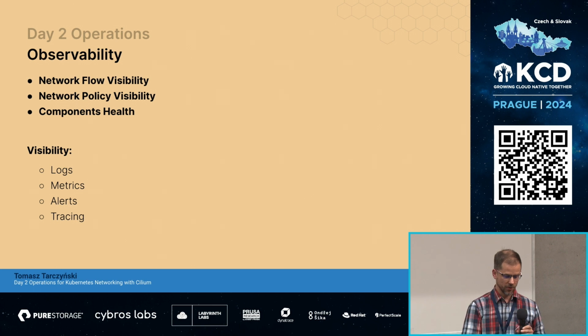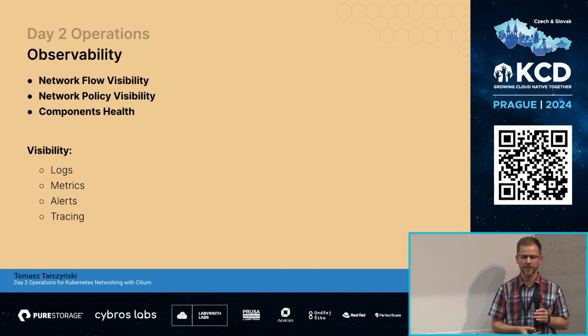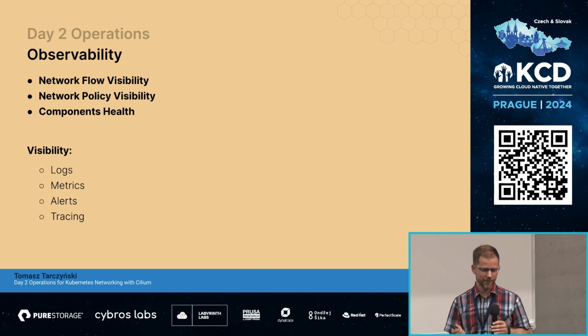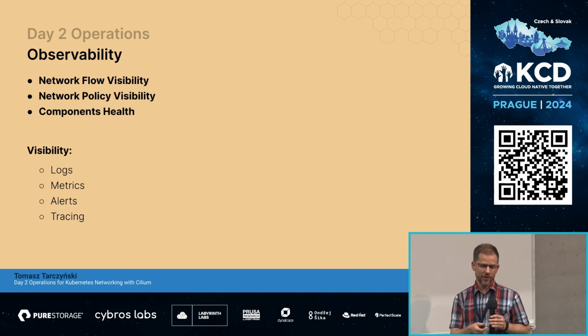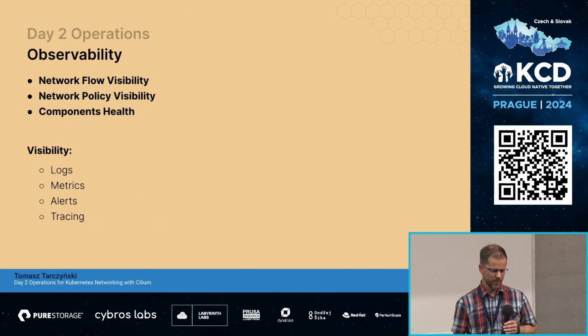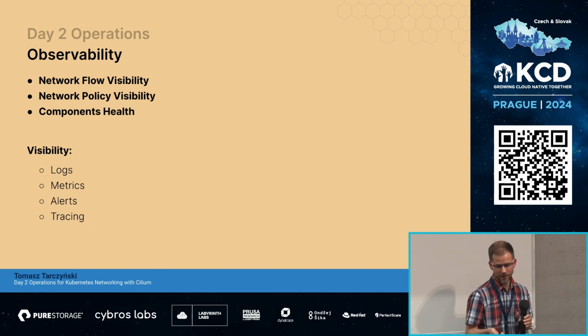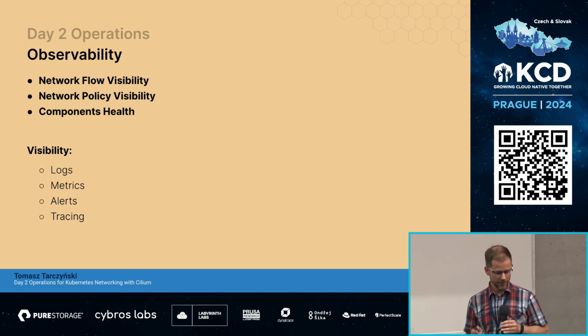Then there are network policies, and you would like to have some visibility for that as well, also in the form of graphs, but also in the form of flow logs. And also here, it's observing the health of your components in your network. By visibility, I mean logs, metrics, alerts, and tracing. All those things are really important to think about when planning that.